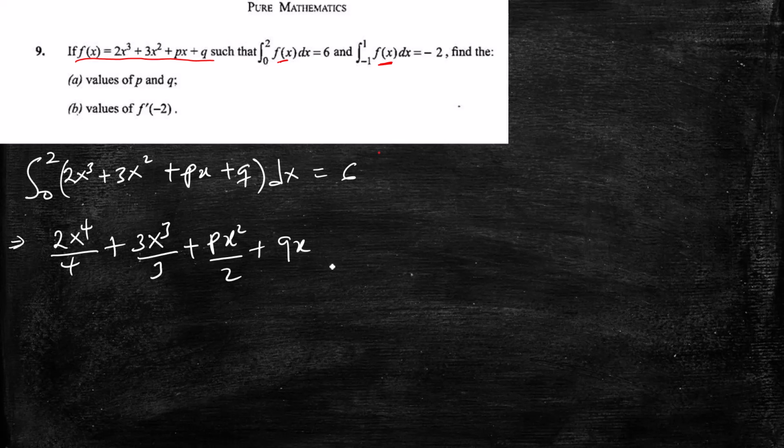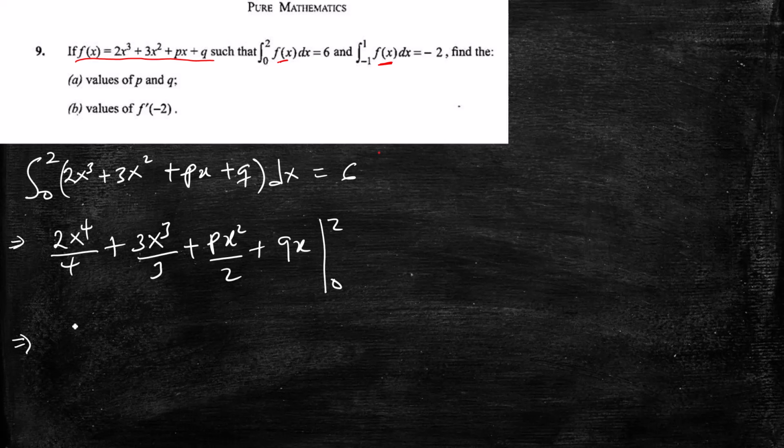So let's find the definite integral and equate it to 6. Let's do the substitution. I'll start from 2, so I'll plug in 2 here. Remember, we can still reduce this one to over 2.